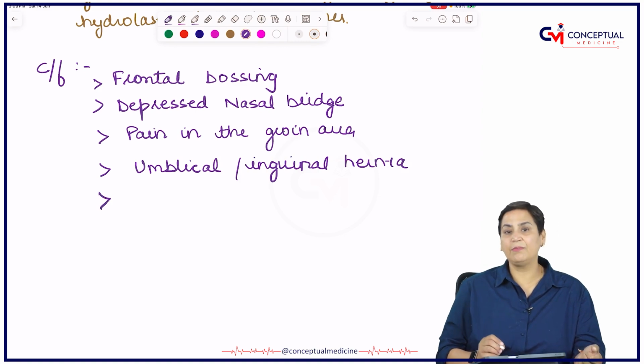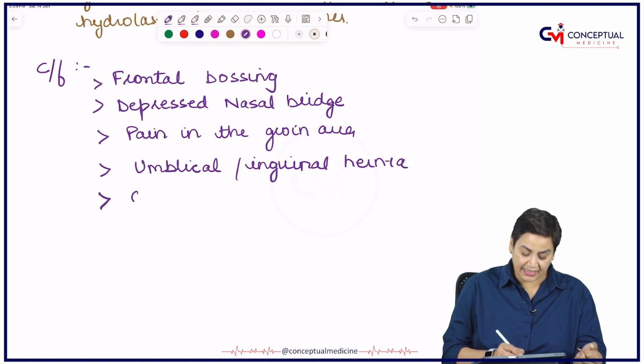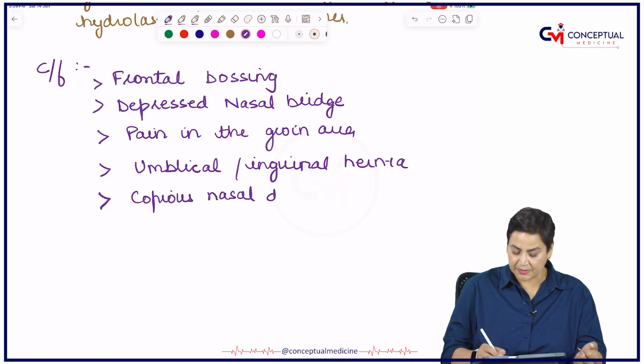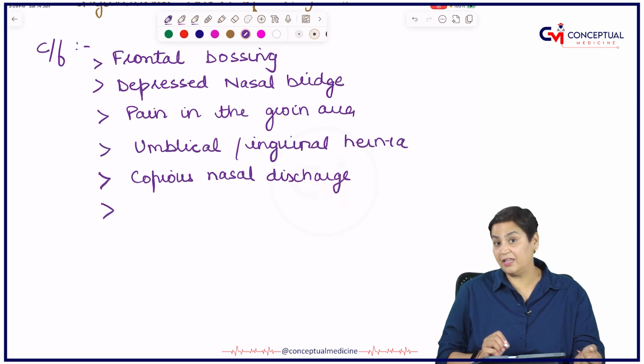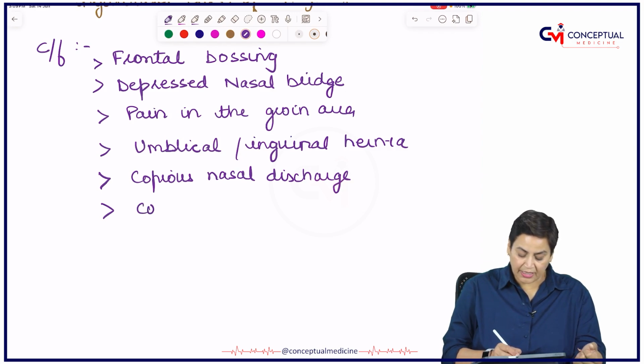Then another important feature is copious nasal discharge. All the time there will be a discharge from the nose. And there will be a defect in the vision, so corneal clouding will also be there.